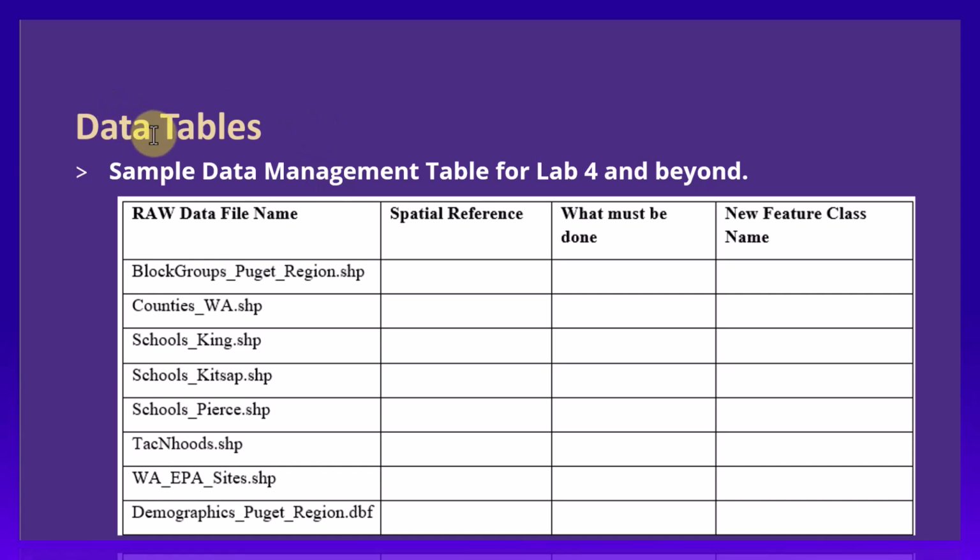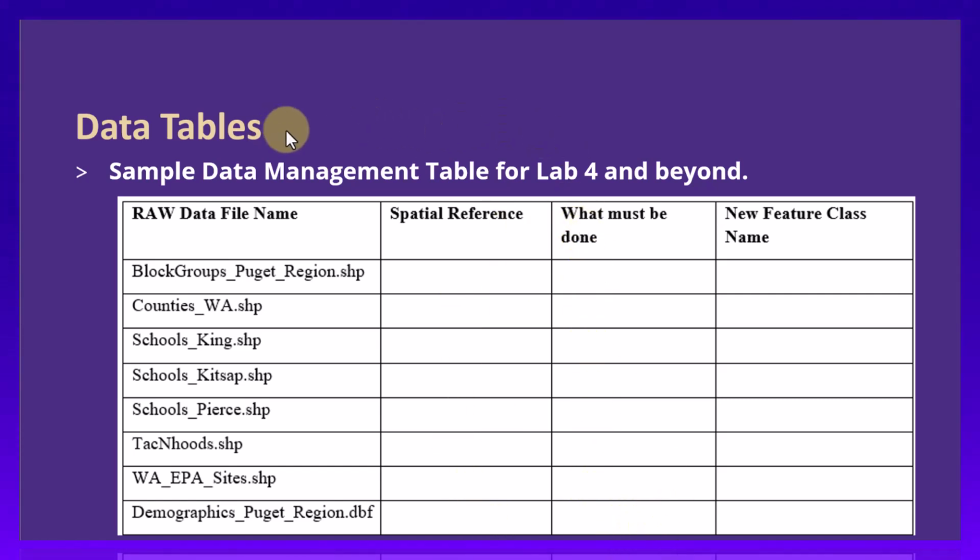A data table. Moving forward for all labs, you will have a data table to help you manage your data. Here's a sample, and I provide a sample within the lab directions. You'll have the raw data file name and the spatial reference that you start with. Before you do any work on the lab, you'll note the spatial reference, and then what must be done.